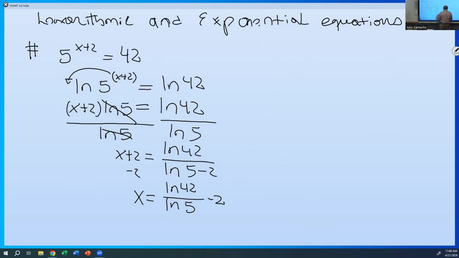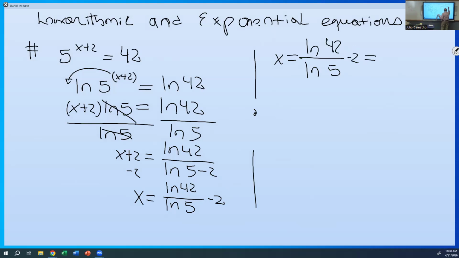So x is equal to the natural log of 42 over the natural log of 5, minus 2. I will take first of all the natural logs, and then I'll subtract 2 from them.